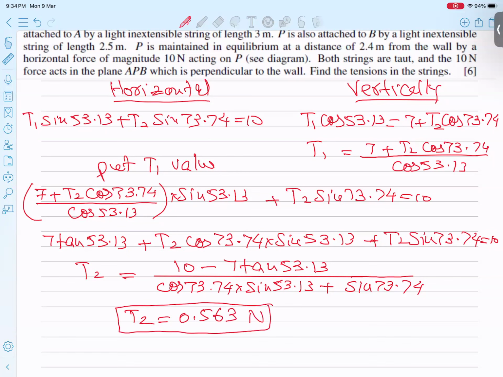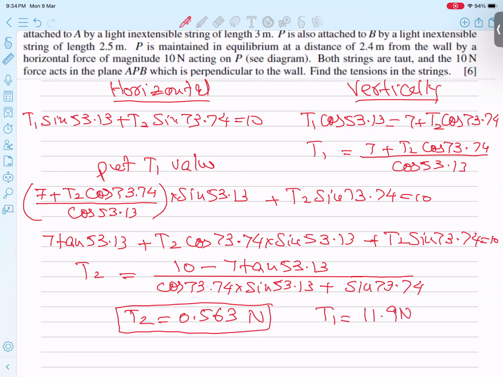If I copy this value here, I'll get T1 as well. So I'm typing it: times cos 73.74 and plus 7, and divided by cos 53.13. This gives me 11.92 newtons.